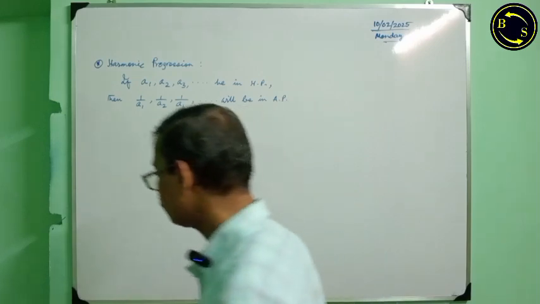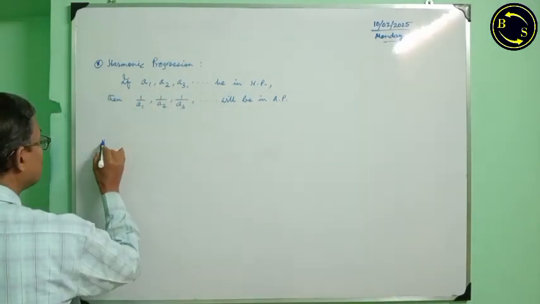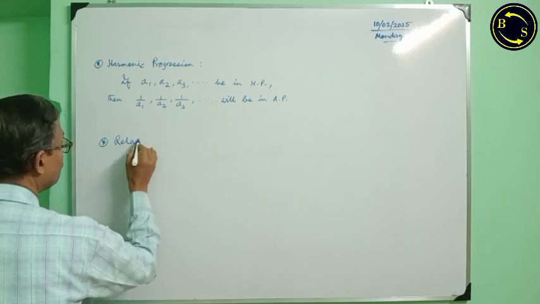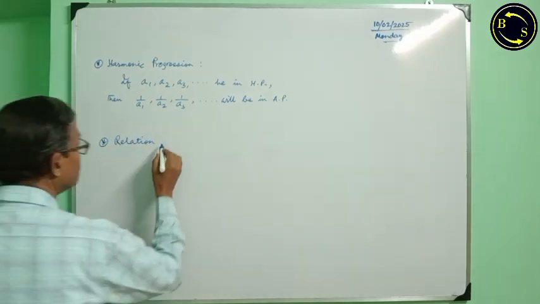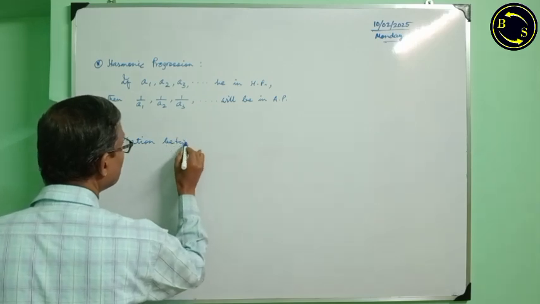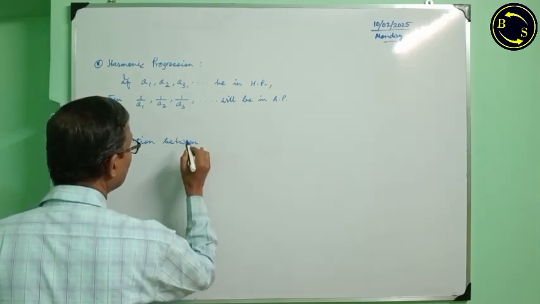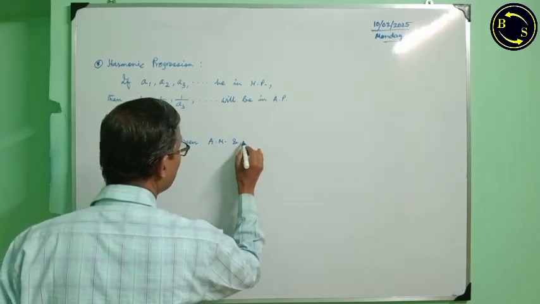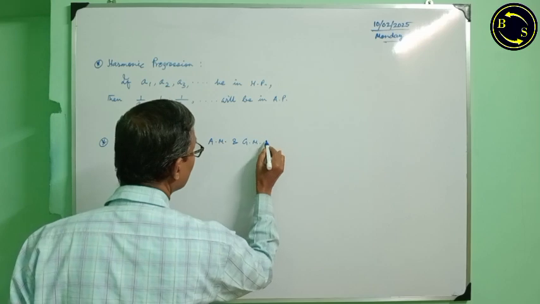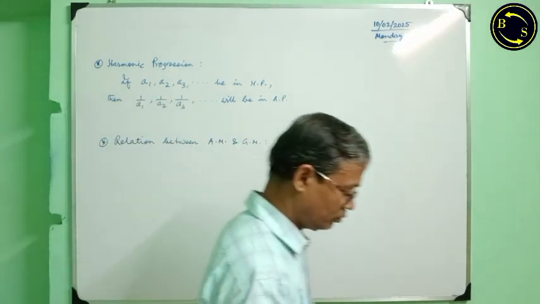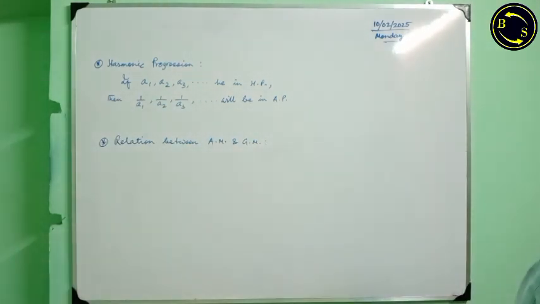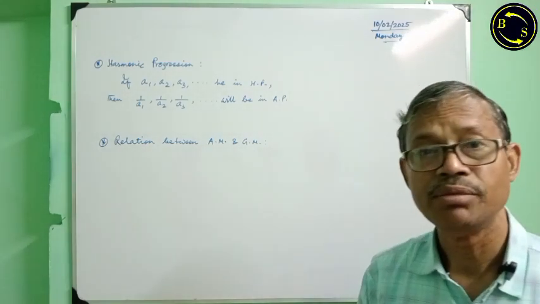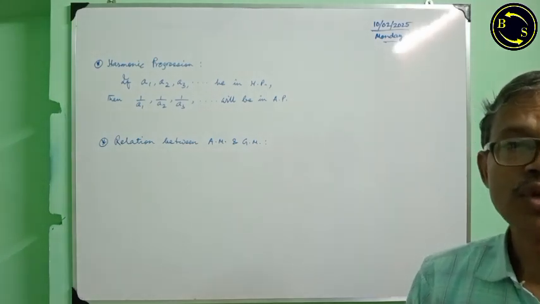Next thing, I am going to discuss the relation between AM and GM of given numbers. We are going to find the relation between AM and GM. We shall consider two numbers first.